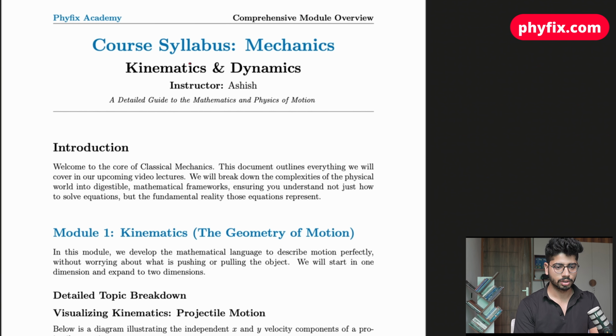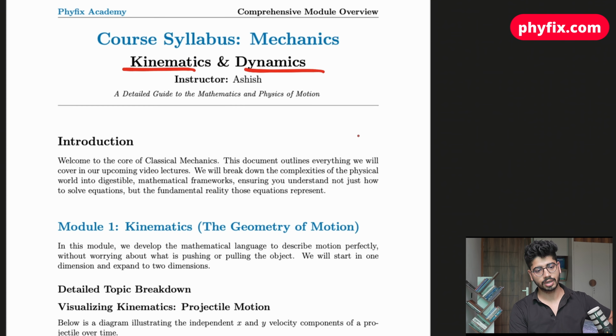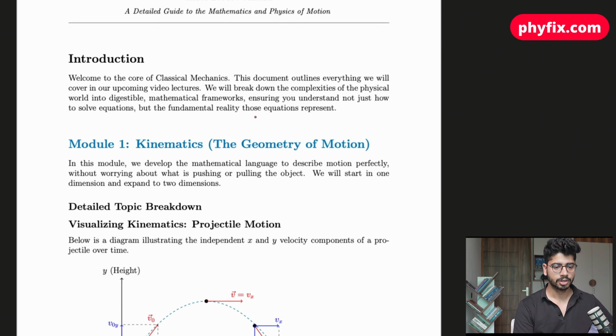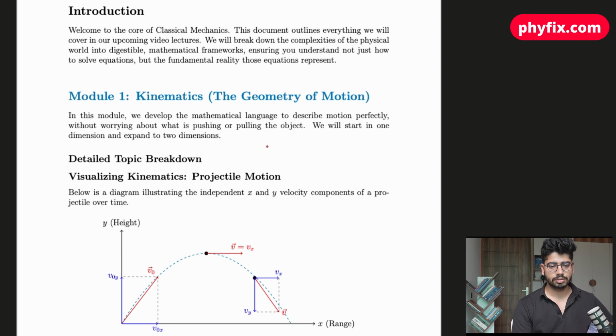So this is the course that we are going to be discussing. We have the kinematics and the dynamics. In the kinematics, mostly we talk about describing how the motion is taking place. So kinematics will give you the answer to the question how, which means we never try to find out the cause of the motion.